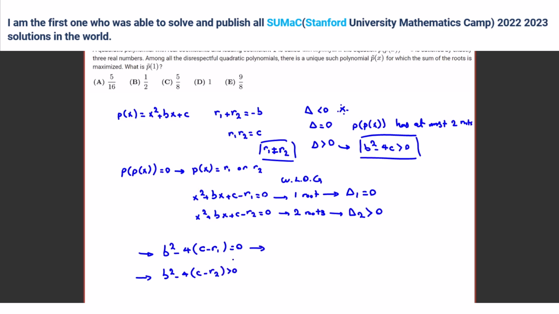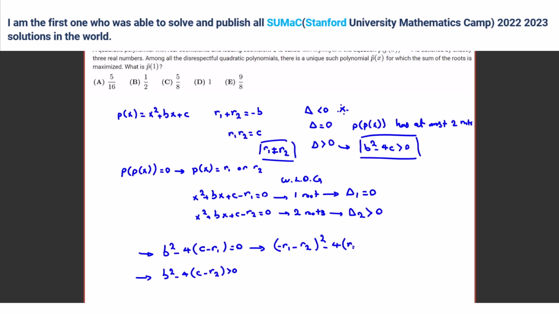Now, B is what in terms of R1 and R2? Negative R1 plus R2, so B squared is R1 plus R2 whole squared. C is what in terms of R1, R2? R1 R2.